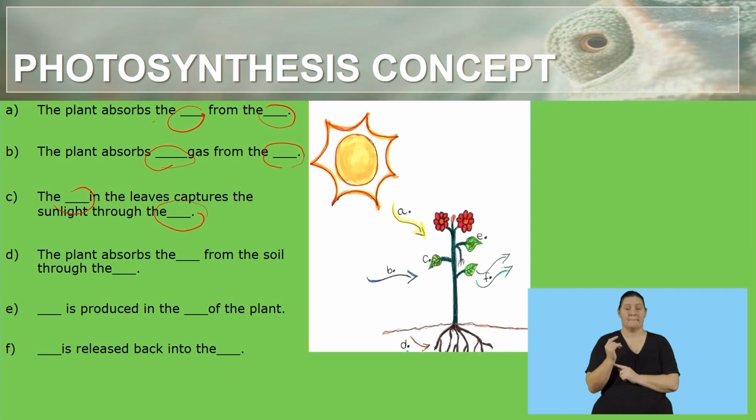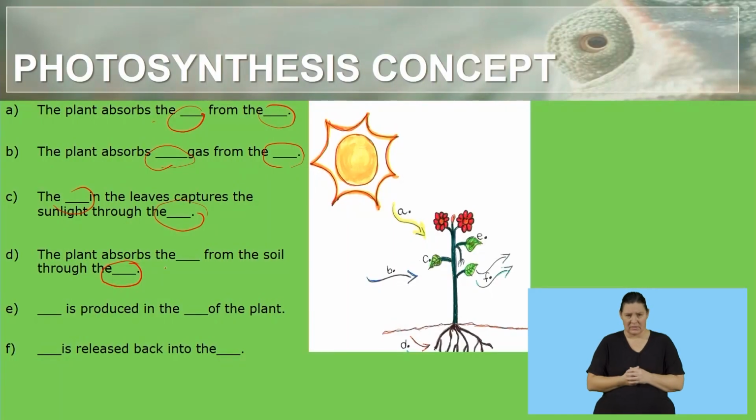The plants absorb the blank again from the soil through the blank again. So you are going to tell me what it is that plants absorb from the soil and where does it come into the plant? Because it says here, the plant absorbs the blank from the soil through the. So this tells us that whatever is being absorbed comes into the plant through something. So what is that?